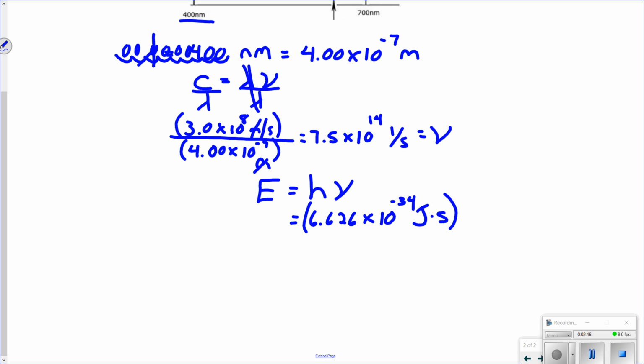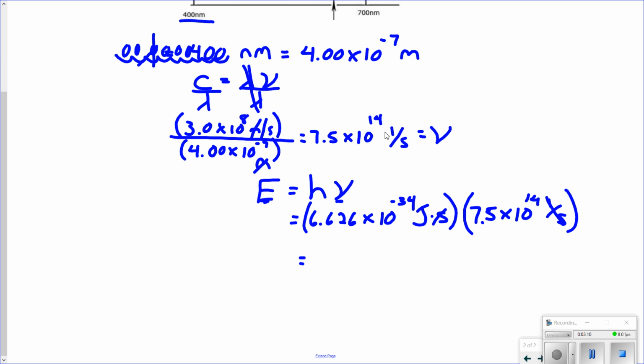It is a proportionality constant that relates frequency to energy. And I'm going to multiply that by the 7.5 times 10 to the 14th, 1/seconds. You'll notice here that the seconds cancel out, leaving us with joules, which is the units for energy.